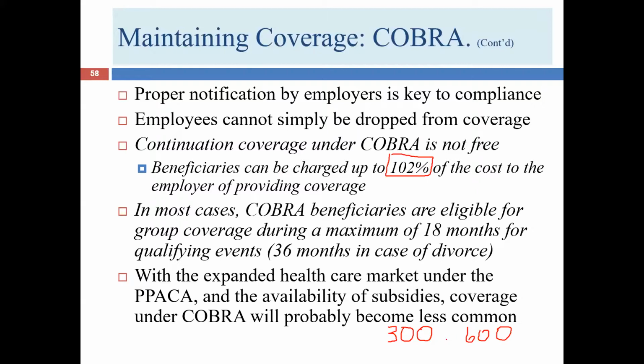So you can see the total premium in this situation is $900. As long as the employee is employed, the employee is going to pay his share. But once he loses insurance, either because the employment has ended or perhaps because he's lost his benefit status, he's going to have to pay the full amount, plus 2%.